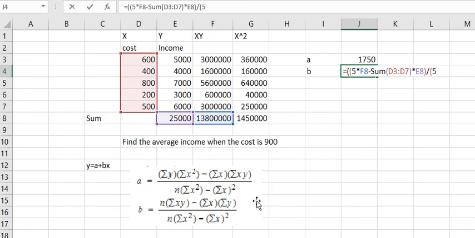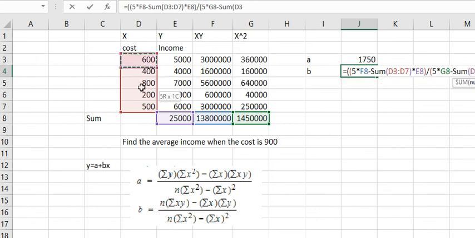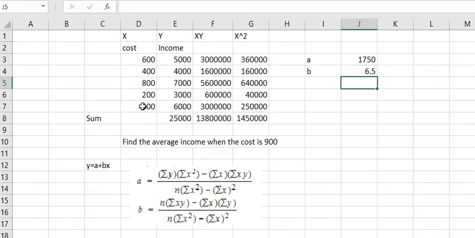We have 5, multiplied by the sum of s squared, that's it in here, minus the sum of s to the power of 2. And we got about 6.5.